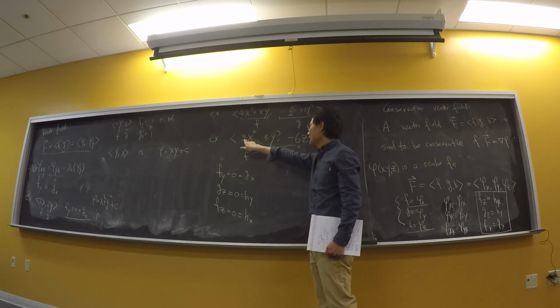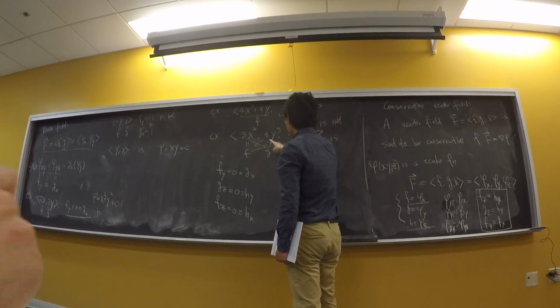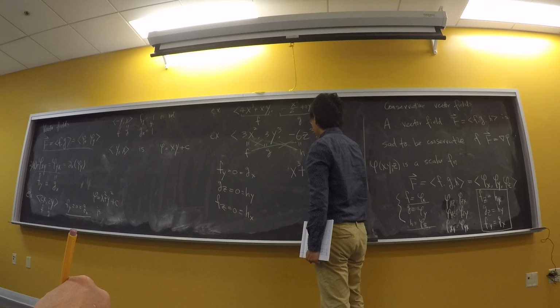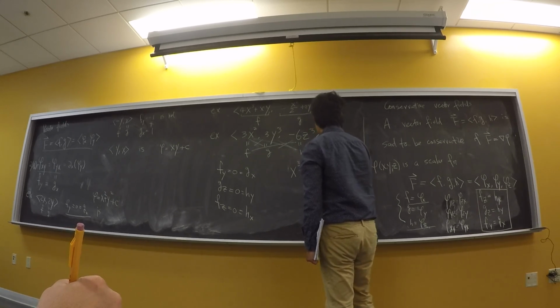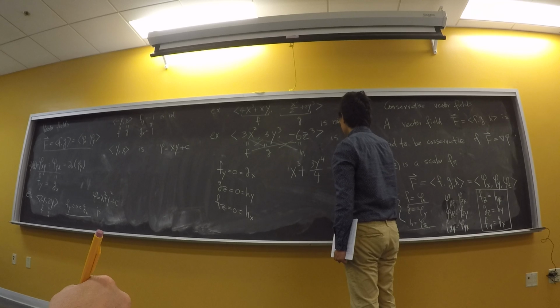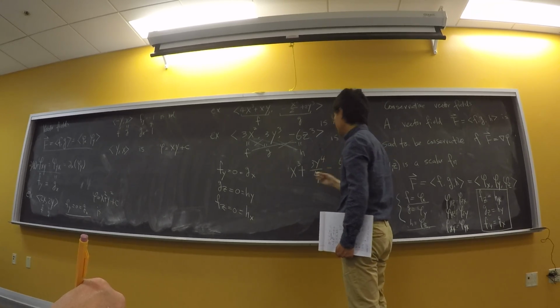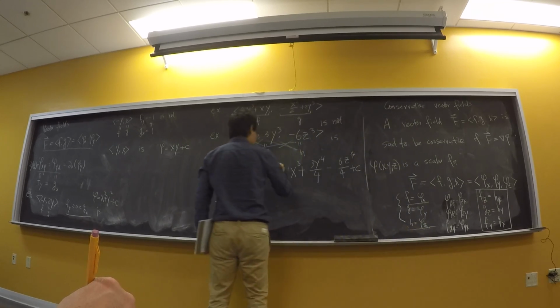Okay? So the antiderivative here is x cubed, plus this one is y to the 4 times 3 divided by 4, and this one is minus 6z to the 4 divided by 4. And I can add any constant I want. So phi is equal to this.